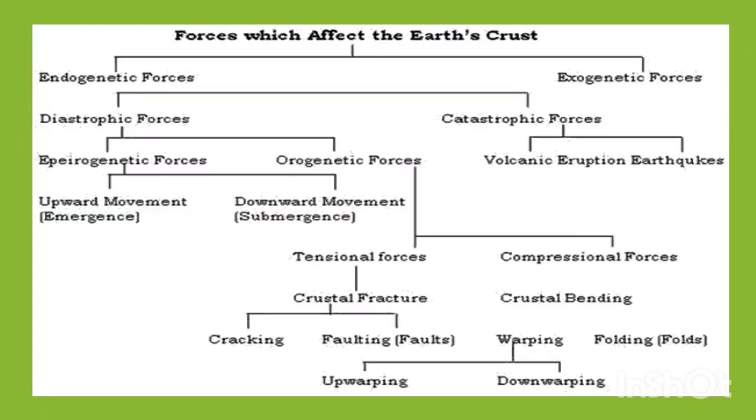In these slow movement forces, the process is very slow, and diastrophic forces are further divided into epeirogenetic and orogenetic forces. Due to the epeirogenetic movement, the continents are formed, and due to the orogenetic forces, basically your mountains are formed. Okay, and the epeirogenetic forces are further divided into two parts: upward movement, which is also called emergence, and downward movement, which is called your submergence.